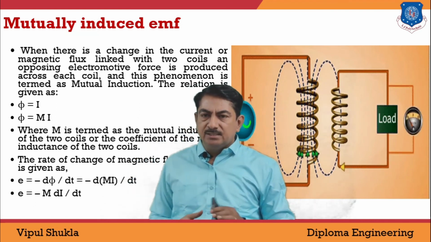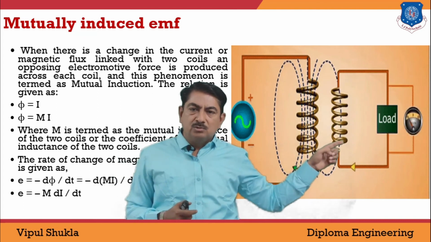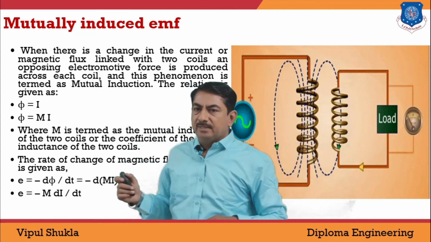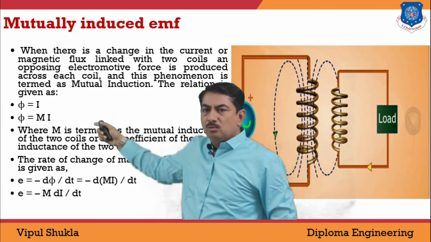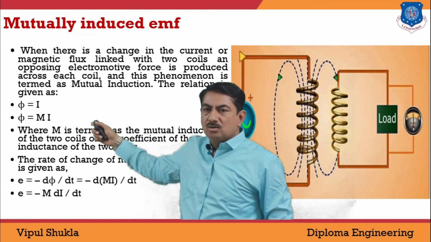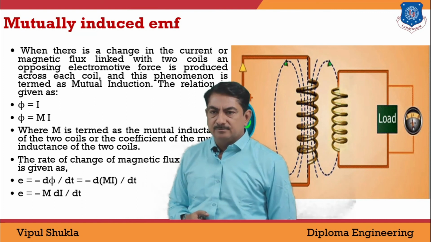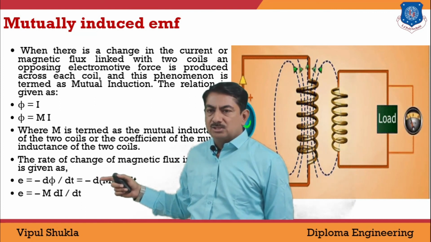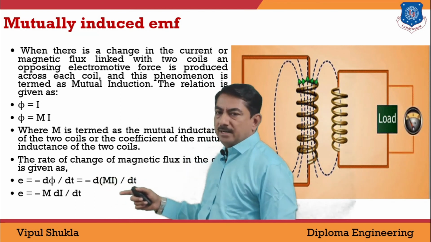So we can say that the change in flux phi in the first coil is directly proportional to the production of electric current in the second coil. Mathematically, phi is proportional to I. If we remove this proportionality, we have to add a constant known as mutual inductance, denoted by capital M. According to Faraday's laws of electromagnetic induction, the rate of change of magnetic flux is given by E equals minus d phi by dt.